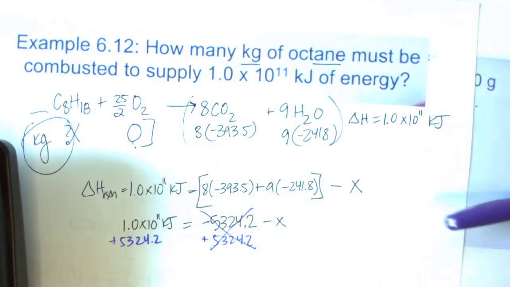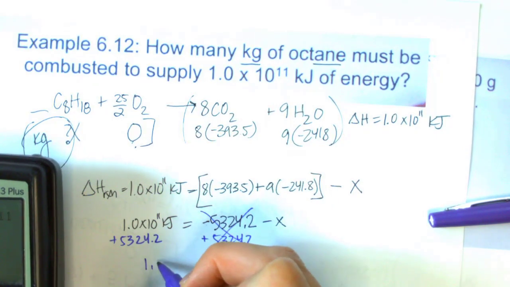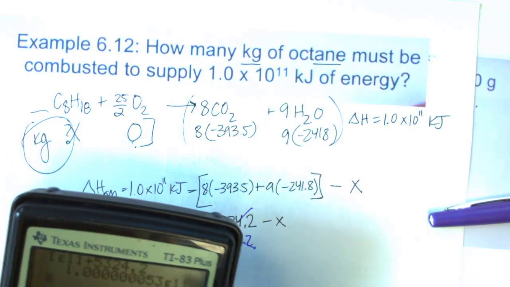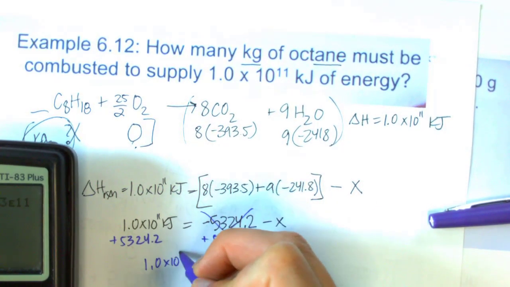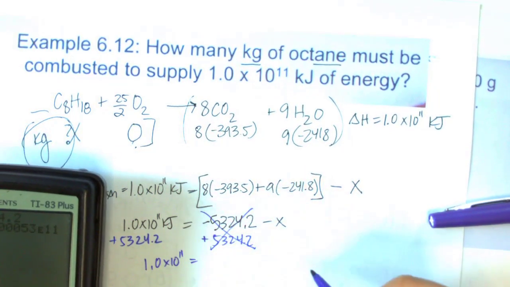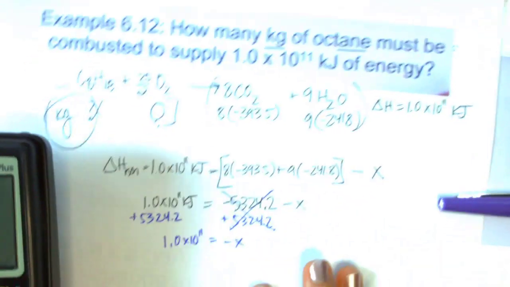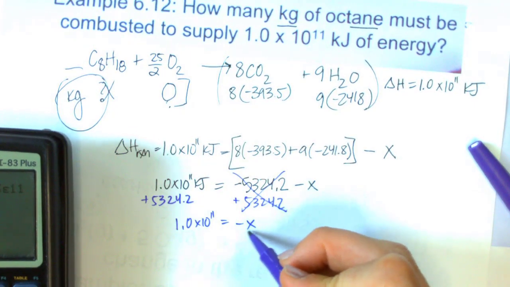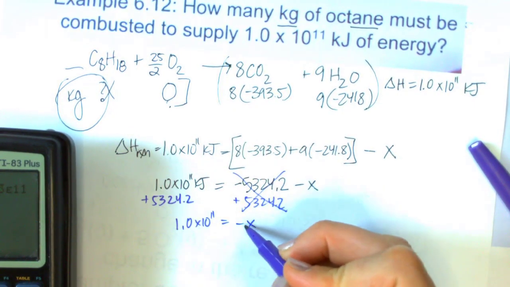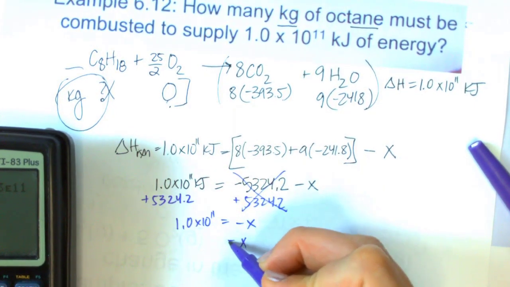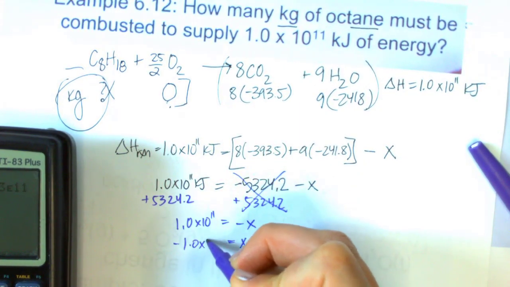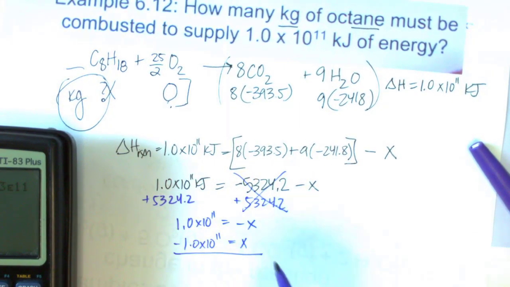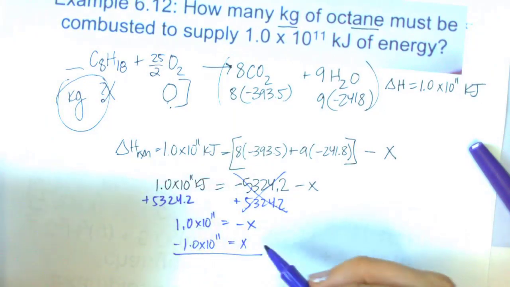So I'm just going to keep it as pretty much 1.0 times 10 to the 11th. It's such a big number, it didn't change at all. It's equal to negative x. So to find x, we just need to divide by negative 1 to get x equals negative 1.0 times 10 to the 11th.